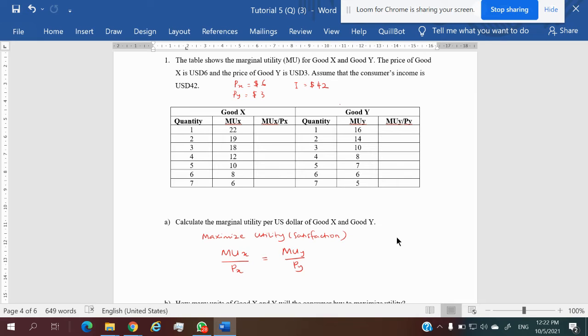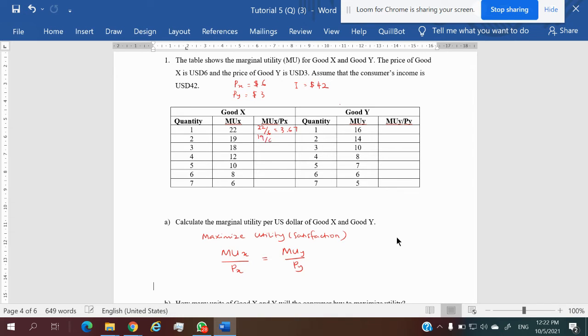All right, so we have here 22 for MUX for the first quantity and we have the price. Price of X is 6, so here it is 22 over 6. Okay, so how much do you get? You have to calculate. So the answer is 3.67.